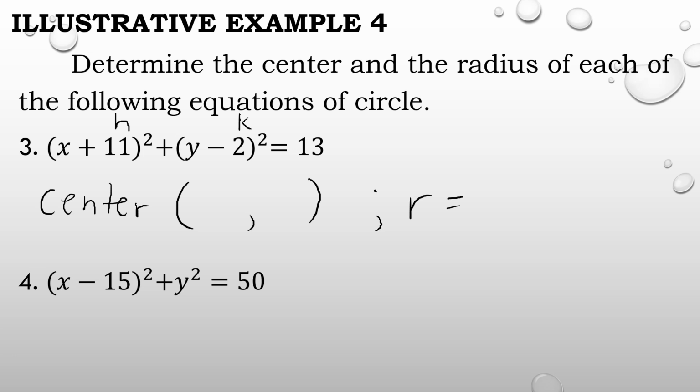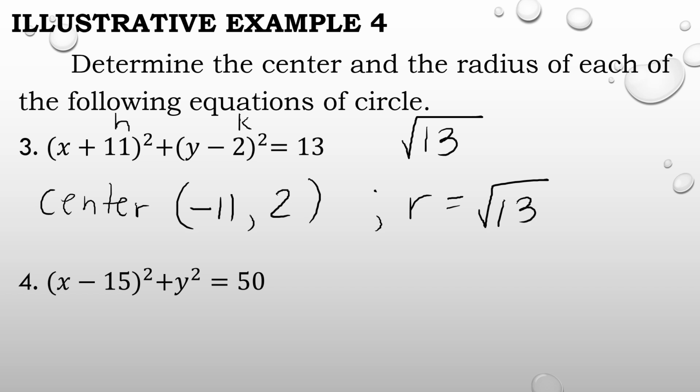Since this is x plus 11, we get the inverse of 11, and that is negative 11. Since this is y minus 2, the inverse of negative 2 is positive 2. So therefore, the center is at negative 11, comma 2. For the radius, we get the square root of 13. If it can be simplified, then you write the simplified form. If not, then you may write square root of 13.